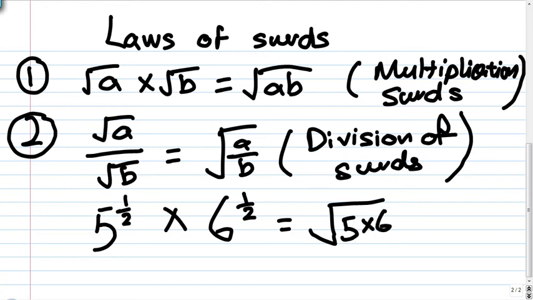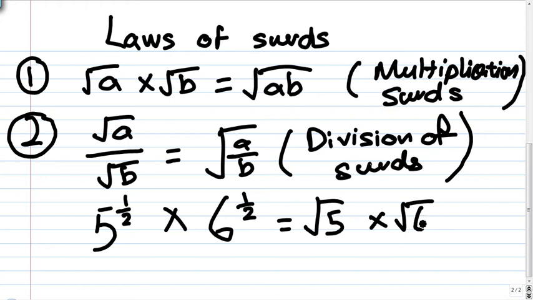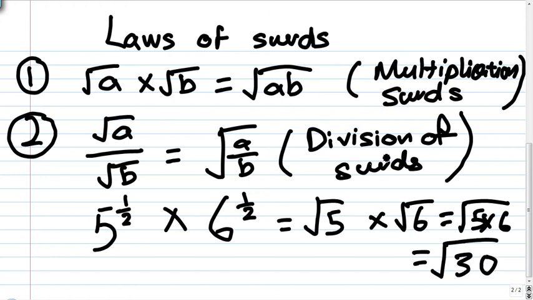Let me not skip steps. So square root 5 times square root 6, you get square root 5 times 6, and then your answer will be square root 30. So these are the laws of surds that you probably have to stop and think about.